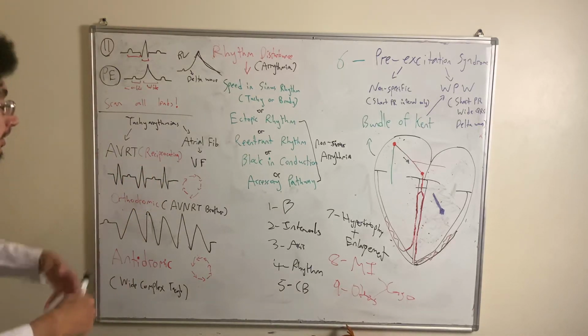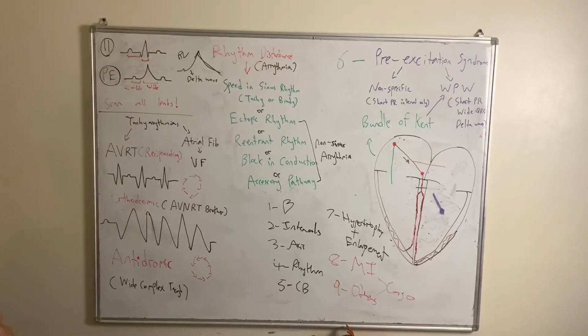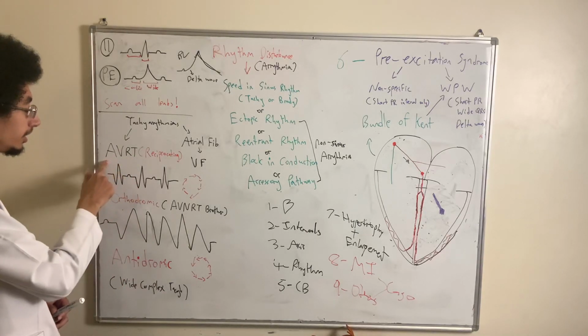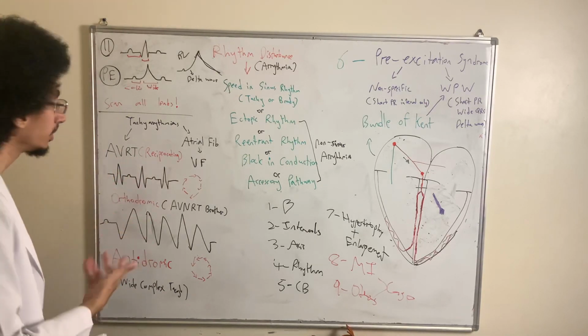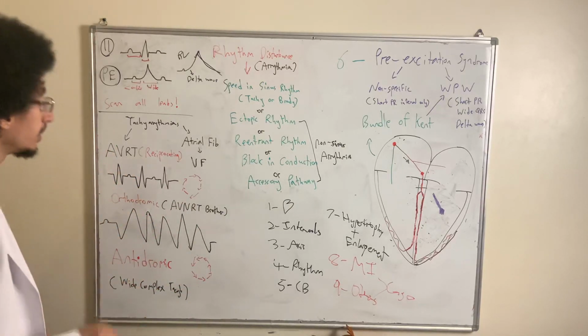Well, AVRT is simply put, because of this accessory pathway, it will give us a unique tachycardia. Now, to make it easier, AVRT is not AV nodal, it is atrioventricular, there's no node involved.